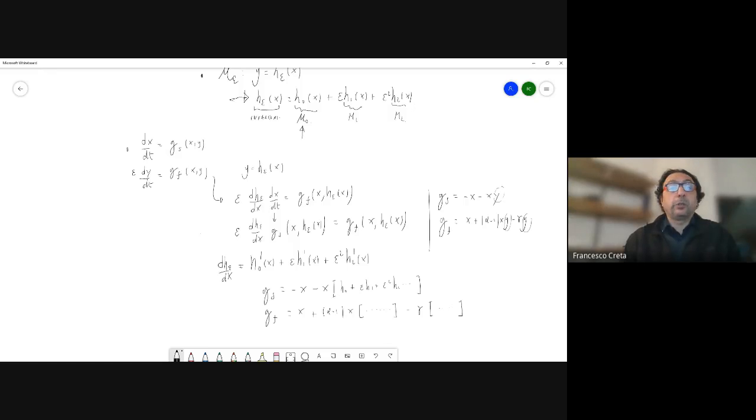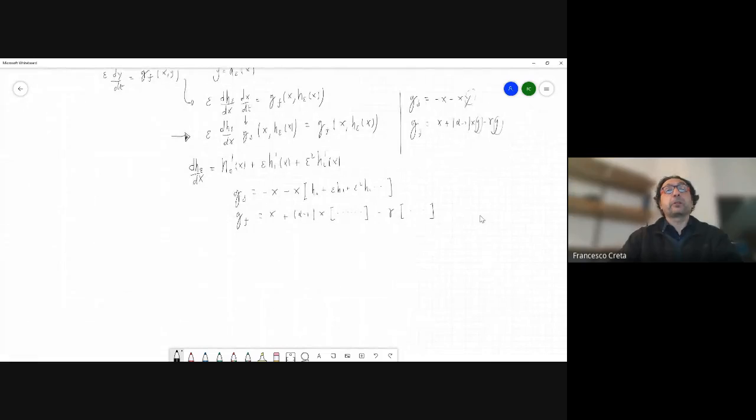And so what we do here, we substitute everything in the invariance equation, and we get a very long and very boring expression.